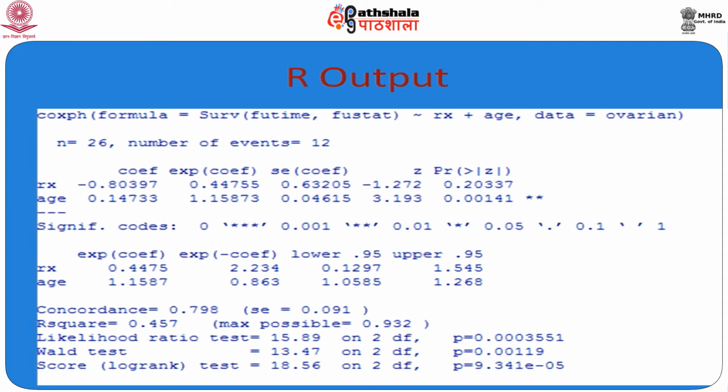And since this confidence interval of the exponential of coefficients is between 1.05 and 1.26, we can easily state that it is on the higher side, more than 1, and as a result the p value is significant.